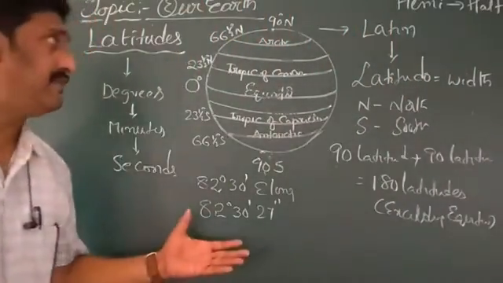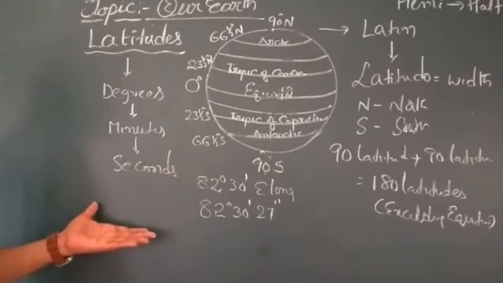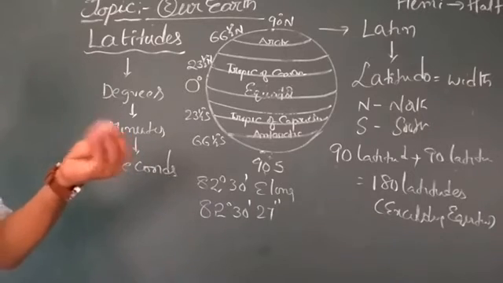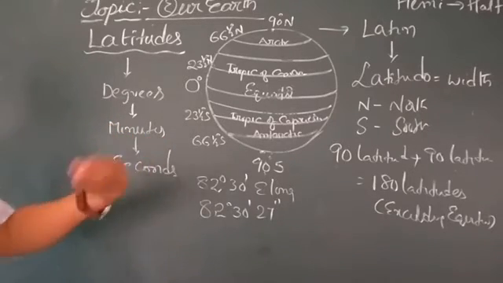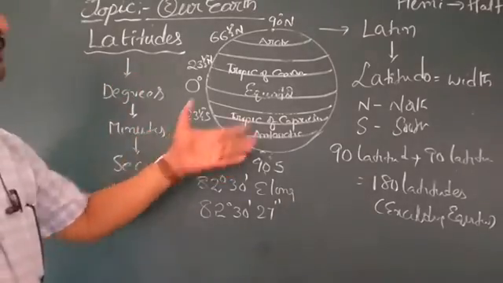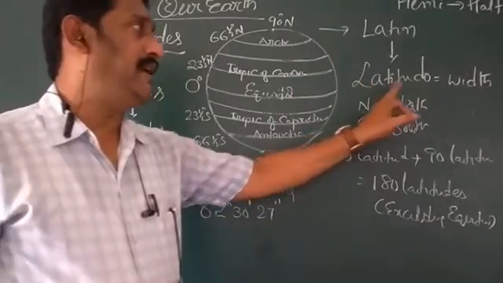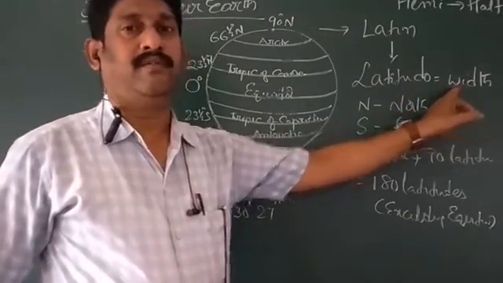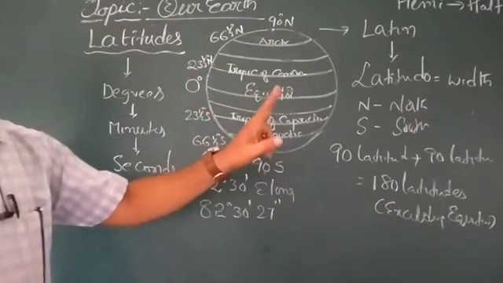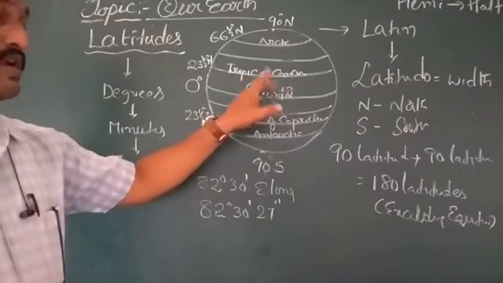This is the information about latitudes. I hope you understood. No need to explain once again, I think. Just a few points to recall: the word latitude is derived from the Latin word latitudo. The meaning of latitude is width, which are horizontal lines drawn on the globe as circles. Those lines are called latitudes, horizontal lines.